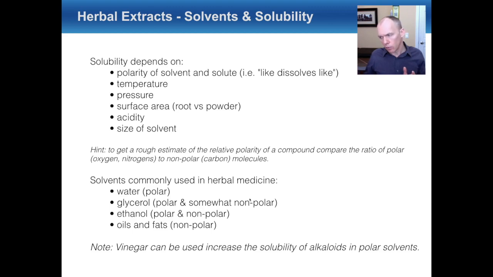Nitrogens also, and sulfurs to some degree, but the oxygens are the big thing. So if there are lots of oxygens compared to the carbons, that will be water soluble. If there are very few oxygens and lots of carbons, then that's nonpolar. So polar means oxygen, nonpolar means carbon.